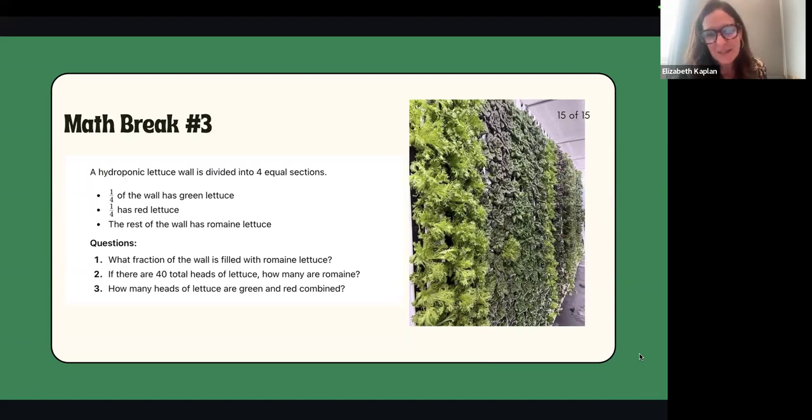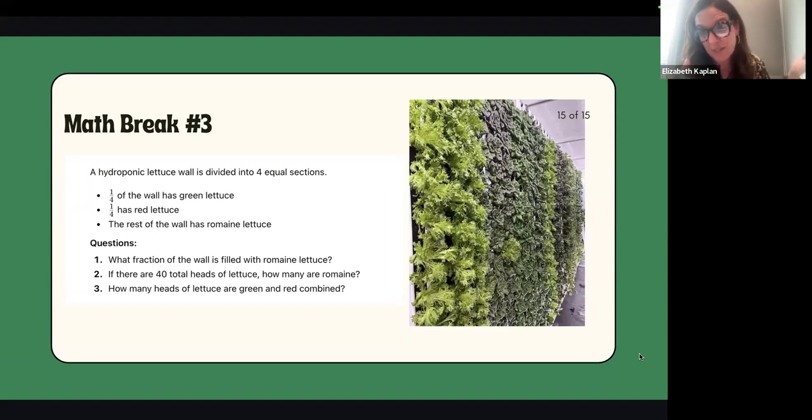All right. I'm going to highlight Emily. No, Emily, you're correct. I think it's misleading. So we have 3 different varieties here. Let's say we have a green bib is what it should have said. We have a red lettuce and then we have a romaine. Because we see green and red, 50% of the wall is green and red lettuce. 50% would be romaine.